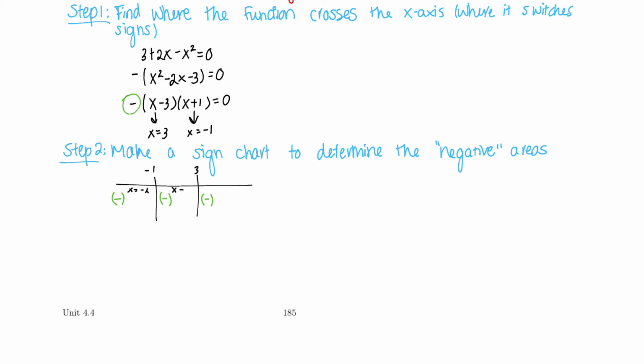So I'll use negative 2, 0, and 4. Negative 2: 3 negatives make a negative. 0 minus 3 is negative. 0 plus 1 is positive.